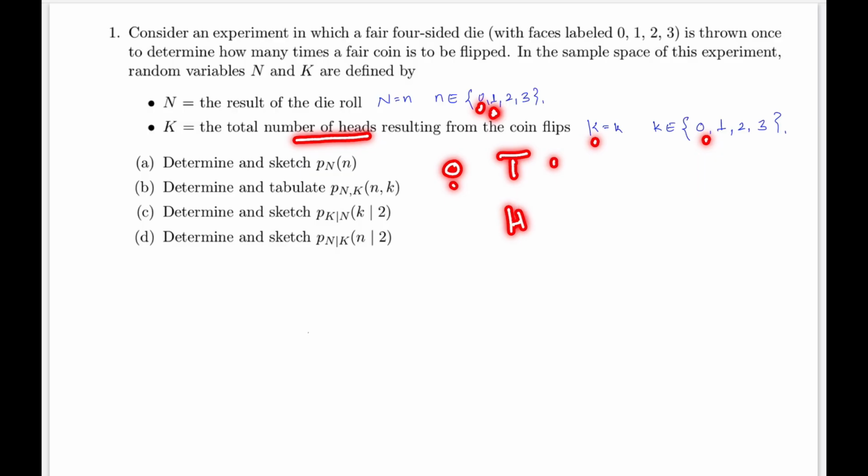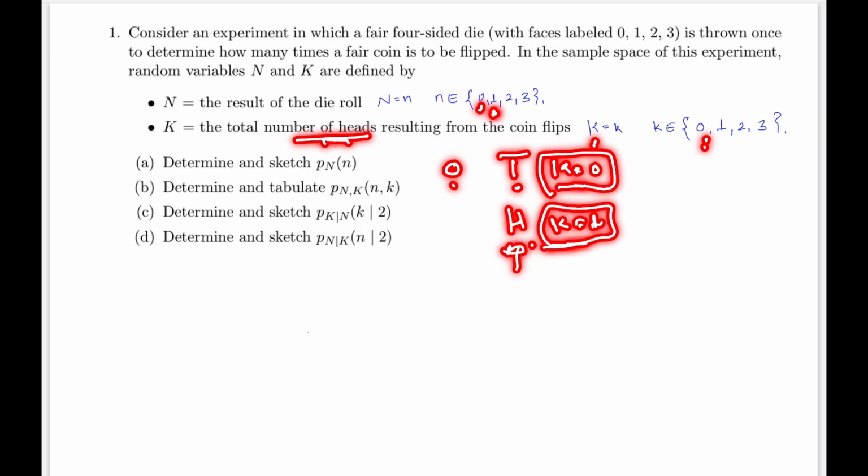So in that case the random variable takes the value 0 or 1. If you get a tail, that means the total number of heads is 0, that is why random variable k will take the value 0, or random variable k will take the value 1, depending upon what you have got on the flipping of the coin.